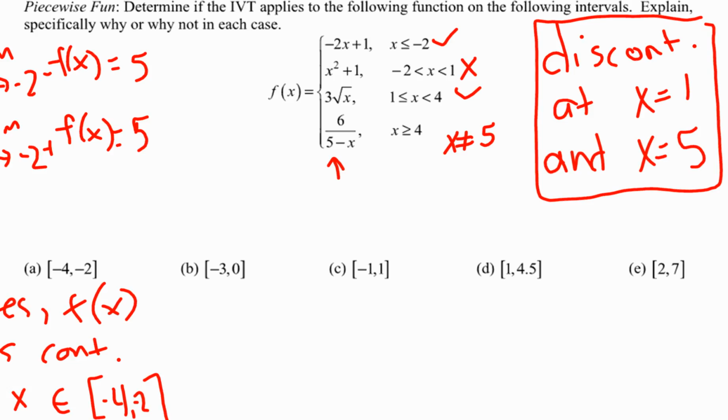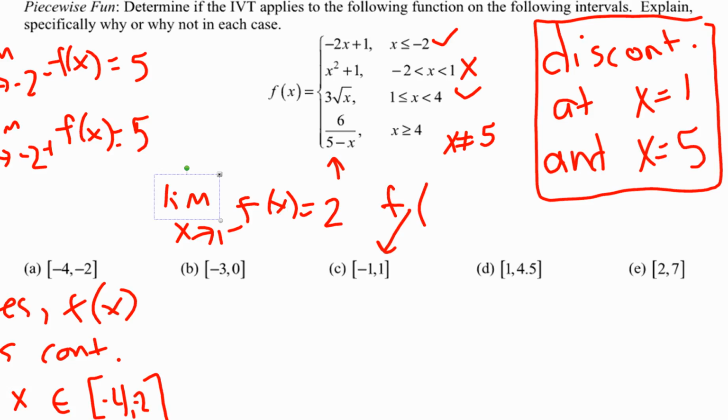Okay, C, now this one we have to be careful with, all right? The function is not continuous at 1, but what's the left-hand limit since we're looking from the left side? Do you remember? That would be 2, I believe, right? Let me write that down. Limit as x approaches 1 from the left of f of x is 2, and f of 1 is 3. They're not the same. So no, the IVT does not apply.